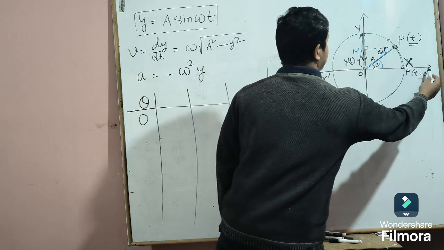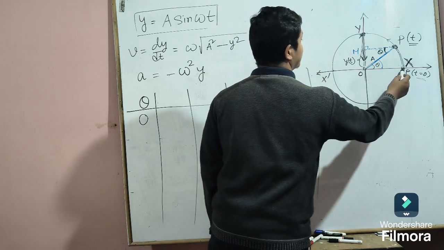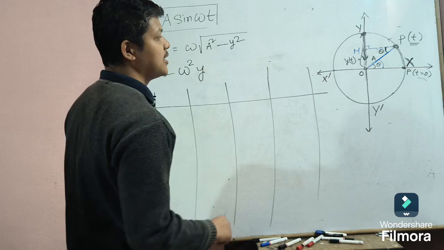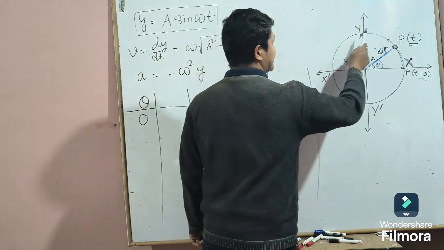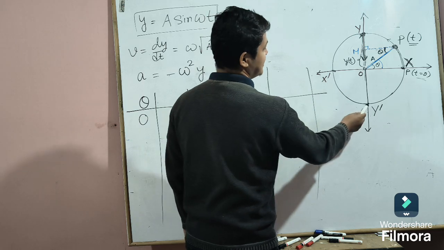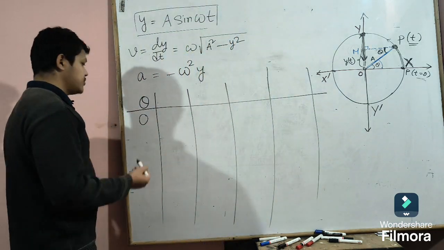I am considering this is the x-axis, and also I am considering this point as x. Instead of giving another name, let me take that point x, that is y, that is x dash, and that is y dash. So hope you got it.